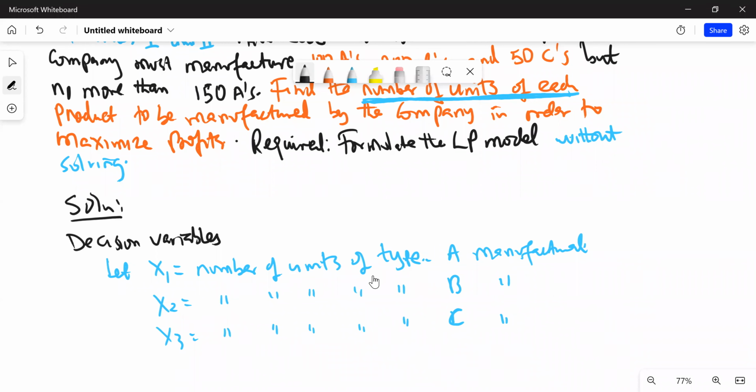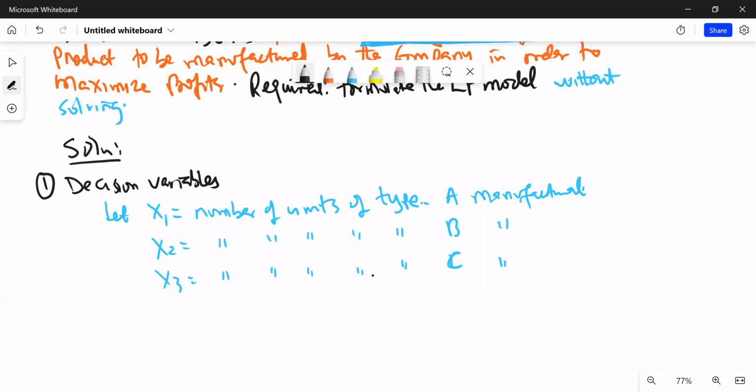Then the second step is to define our objective function. And objective functions are of two kinds, either maximization or minimization.